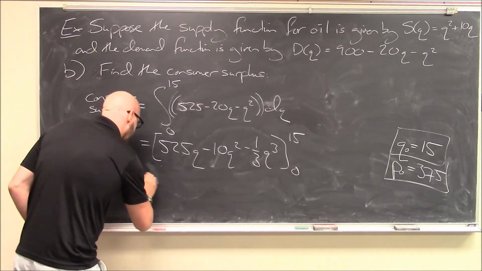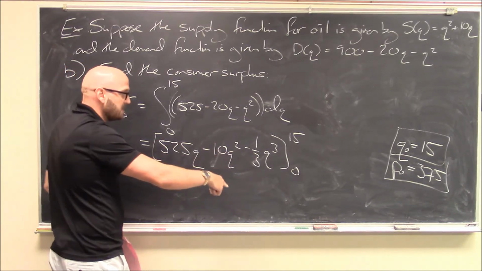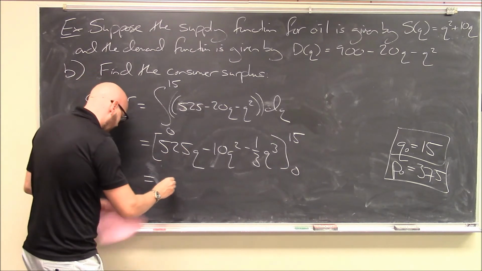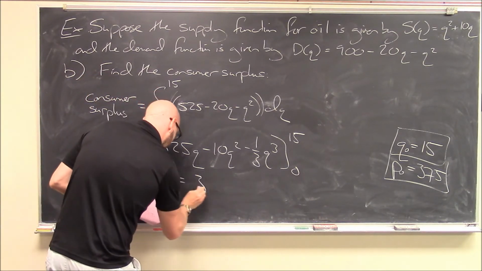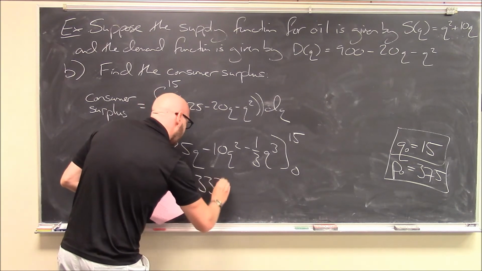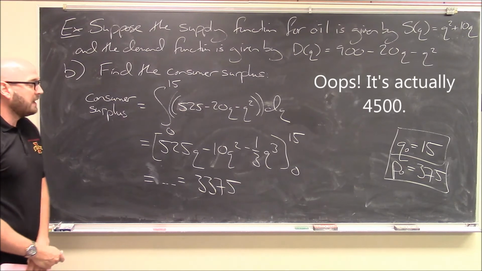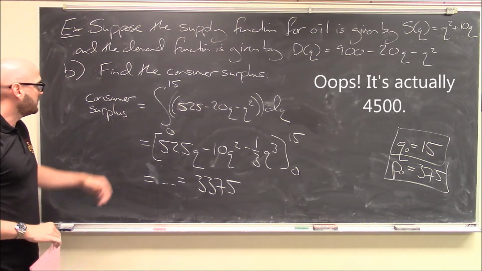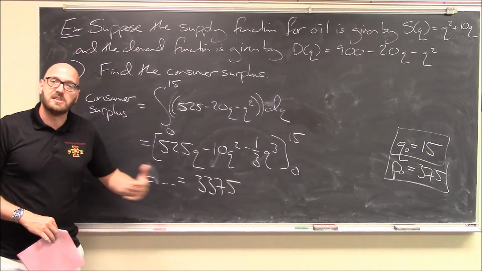Plug in 15, subtract off what you get when you plug in 0, which is just going to be 0, and I promise you'll get 3,375. No units were given, but I assume this would be in dollars. And so that's how much all these consumers saved by paying the market price versus what they were actually willing to pay.